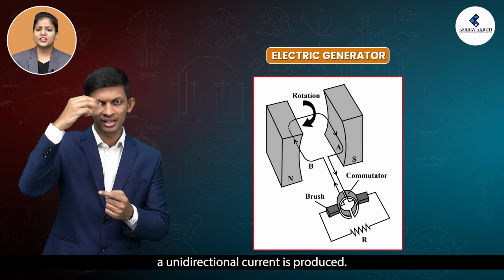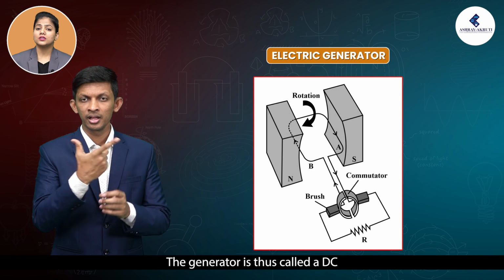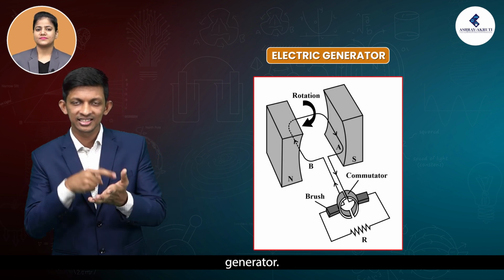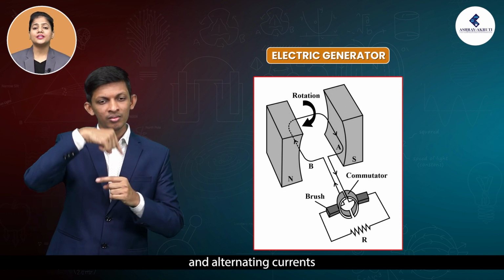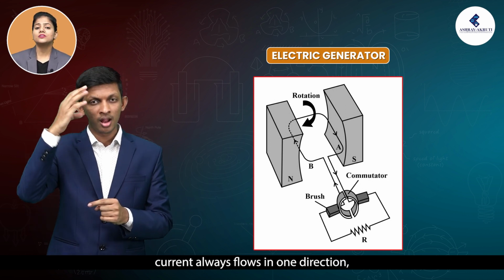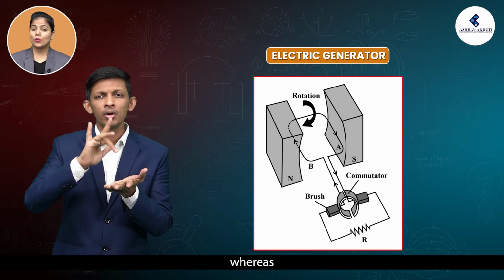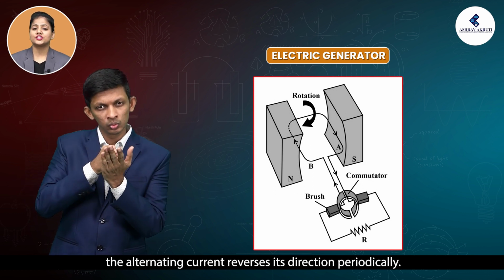Thus, a unidirectional current is produced. The generator is thus called a DC generator. The difference between the direct and alternating current is that the direct current always flows in one direction, whereas the alternating current reverses its direction periodically.